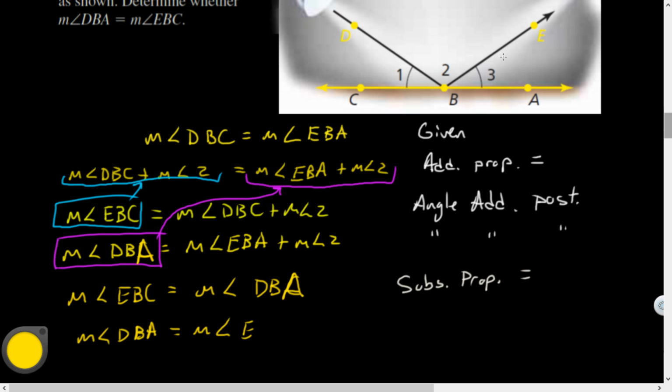Did I mess up on this one too? How did I do that? No, EBC was right. And the reason that's true is symmetric property of equality.